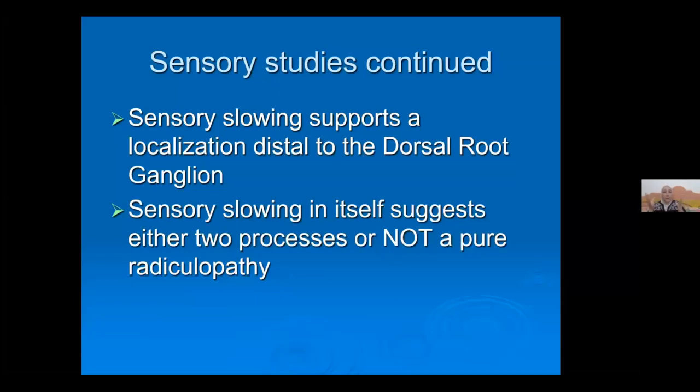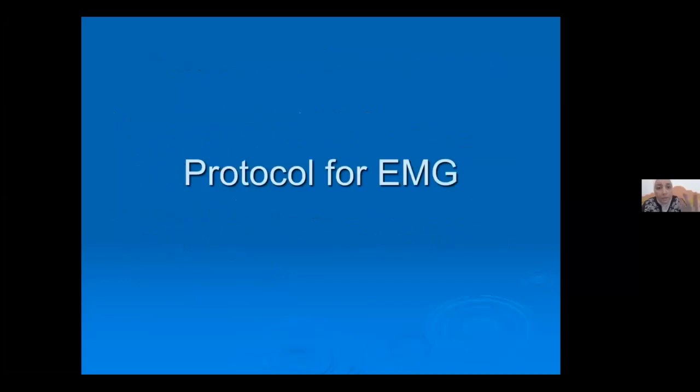That's why I said sensory conduction is of great value, because it will most probably be normal. If I find sensory slowing, I have to think about having another pathology and not a pure radiculopathy. So it's important. I want to do the test and I find it normal and it is of great value.